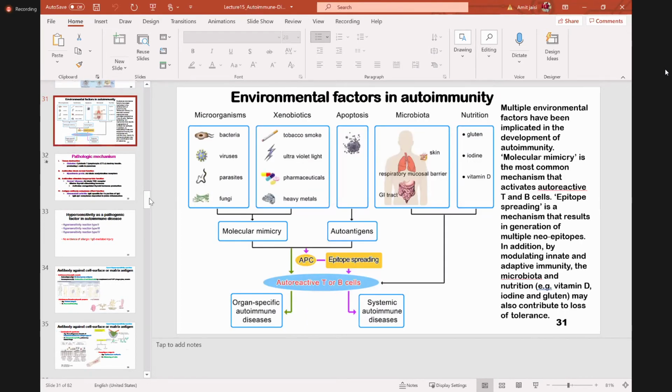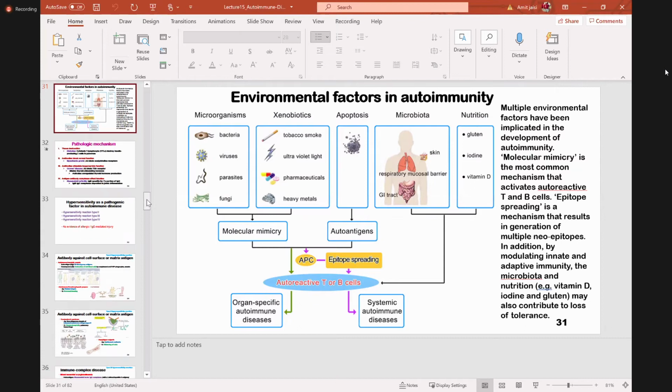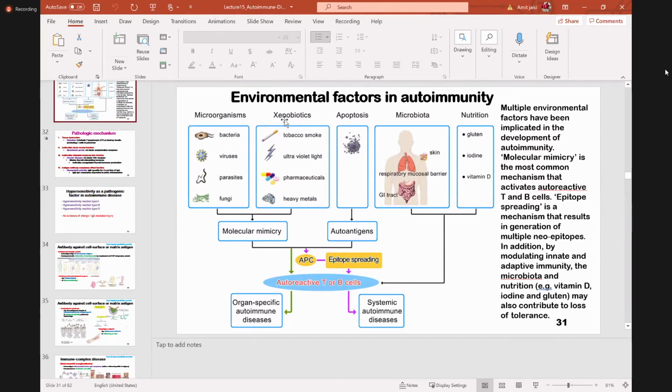Environmental factors in autoimmunity include microorganisms, xenobiotics or chemicals, and different physical or chemical factors, apoptosis, our immune system's mechanism of apoptosis, the microbiota at the gut, the skin, or the respiratory system, and nutrition, for example.